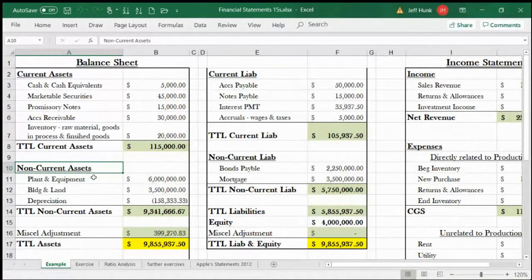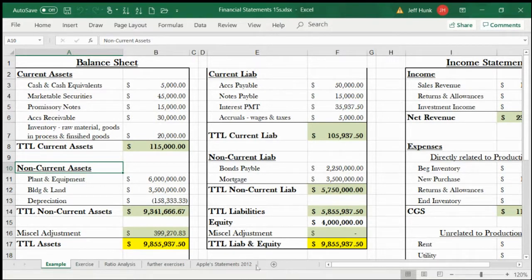But physical capital, right? So having plant and equipment, right? That's the most salient feature of manufacturing. So we can easily understand this is a manufacturing business.